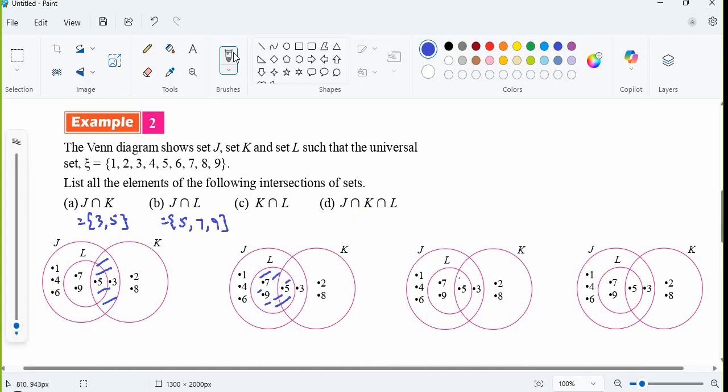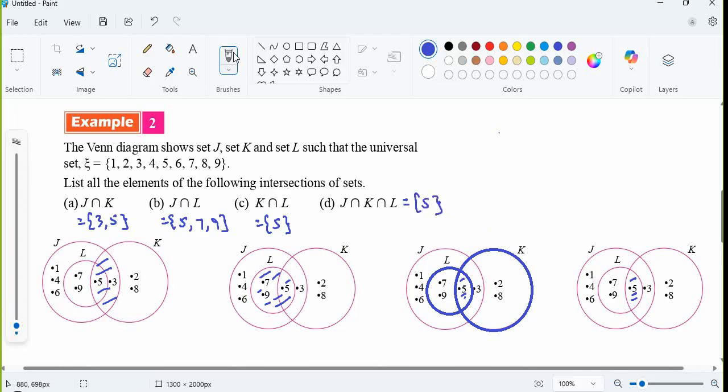K intersect with L: this is K and this is L. So the intersection between K and L will be this 5. So all three intersect will be 5 only.